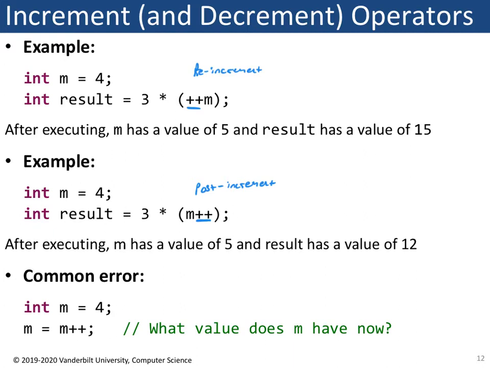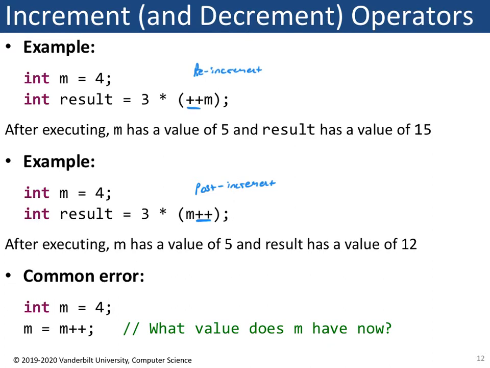The way that pre and post increment affect the evaluation is as follows. In this first example, we have a variable declaration of m as an integer, and then we assign m the value 4. And we end with a semicolon. Then we declare the variable result as an integer, and we assign it the value 3 times plus plus m. So plus plus m is a unary operator and a variable m.